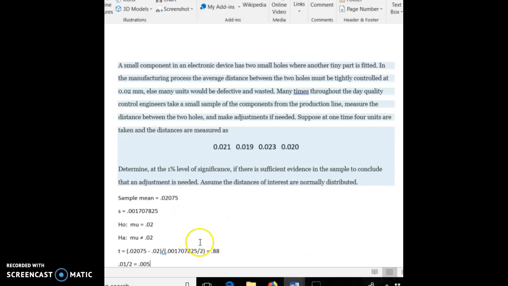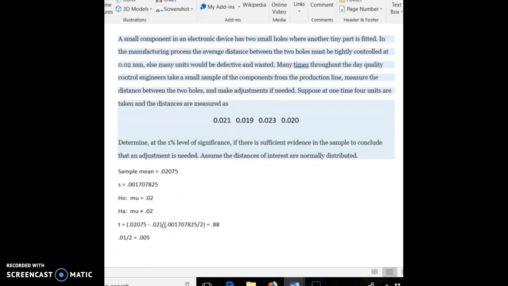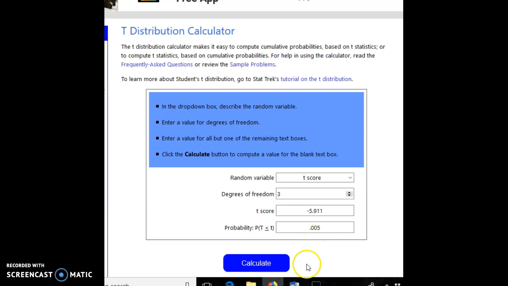And of course, since it's a two-tailed test, really it's both positive and negative 5.911.